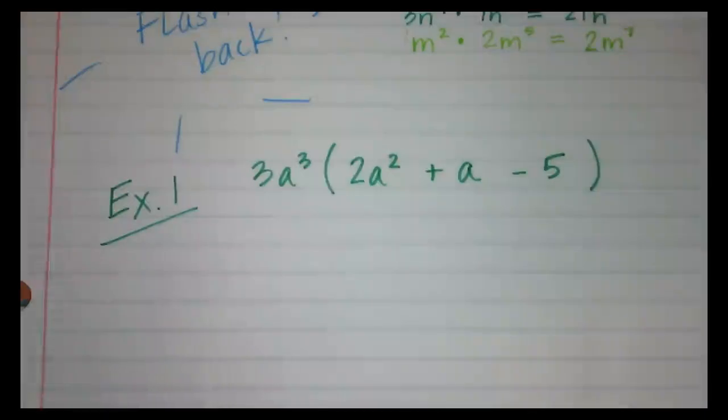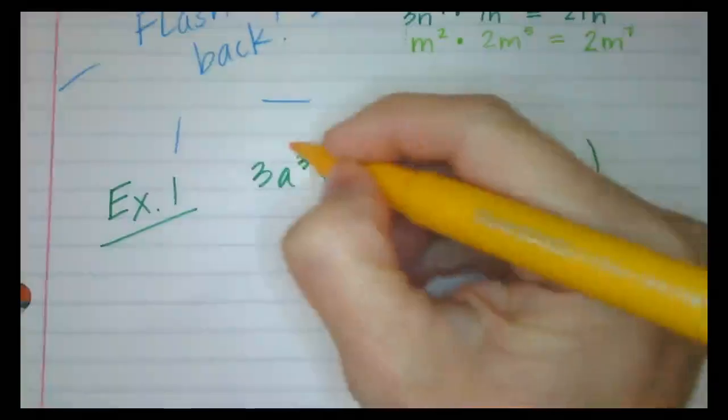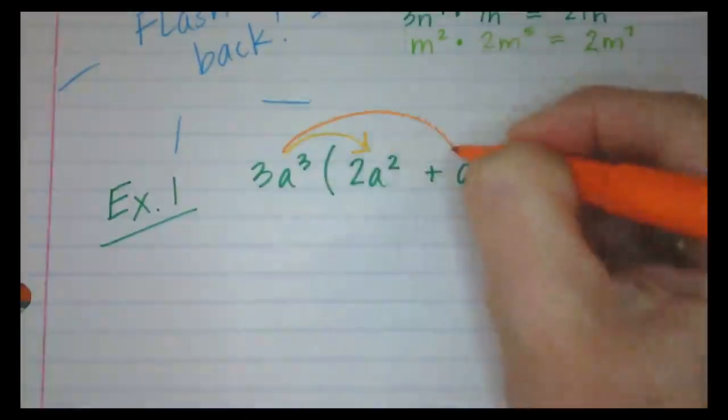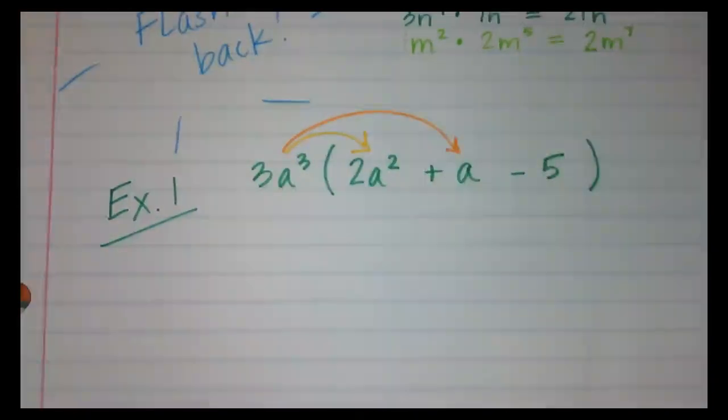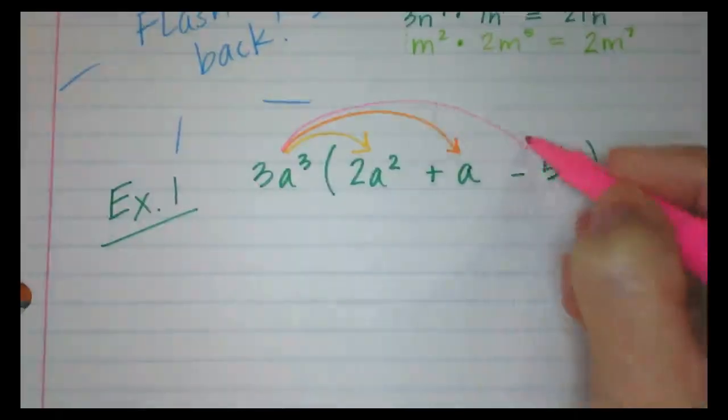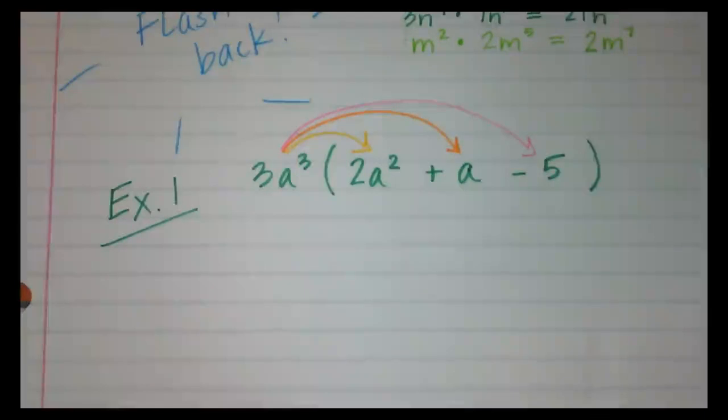I'm going to do some color coding here. I am going to distribute 3a cubed to 2a squared, then distribute 3a cubed to the a, and then distribute 3a cubed to the negative 5.